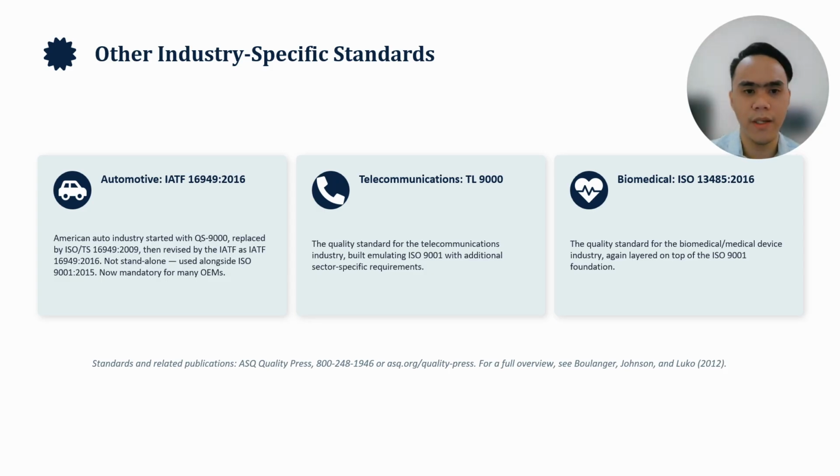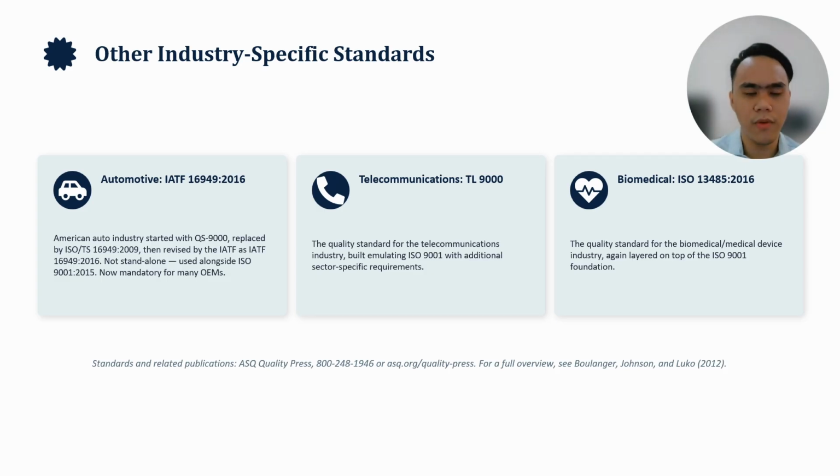The IATF 16949 2016 standard is now mandatory for many original equipment manufacturers, or OEMs, which makes it generally high stakes for suppliers in that industry. The telecommunication quality standard is TL 9000, and the biomedical quality standard is ISO 13485 2016. Both, like the automobile standard, are laid on top of the ISO 9001 foundation rather than replacing it.